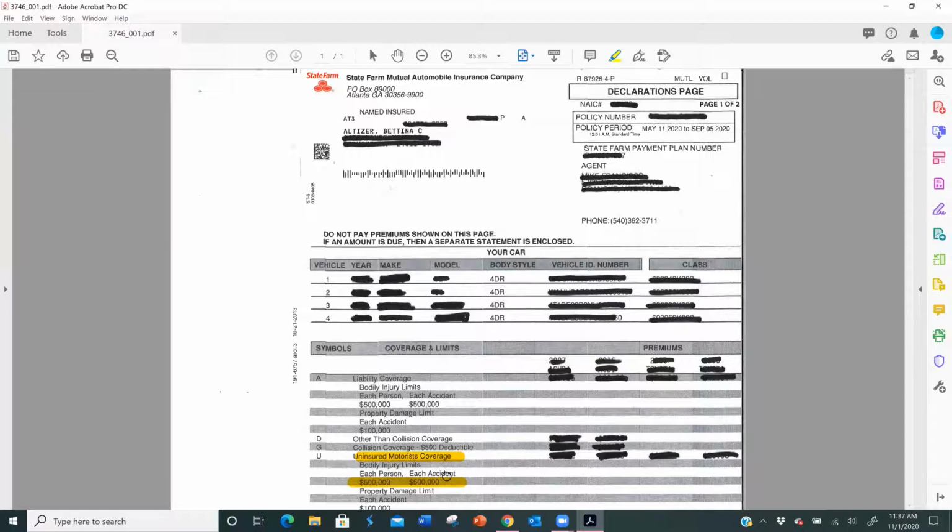So scenario number 2 is if the person who hits you causes the wreck, and they have insurance, but it's not enough. So let's say they have a minimal coverage amount of $25,000 per person, $50,000 per wreck. And that's the minimum here in Virginia. It hasn't changed since the 1970s when Nixon was our president.